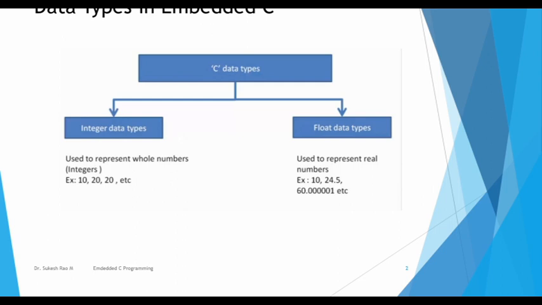For example, if you are looking for data with a fraction of 2 or 3 digits, it depends on the precision that you're looking for. Let's say 60.000001. Some 6 digits are kept for giving precision according to some standards. These are the types of floating data types.